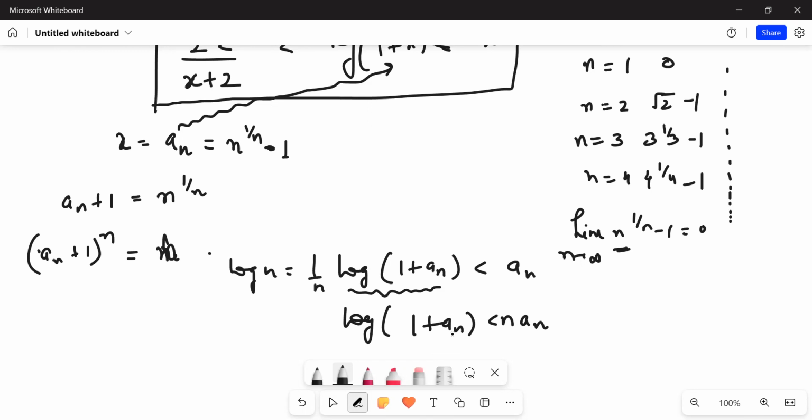I've done something wrong somewhere. Oh, I think this is not 1 by n, this is simply n. So if I take log on both sides, log of n will be n log of 1 plus an. And since this will be less than, I think this is clear now.